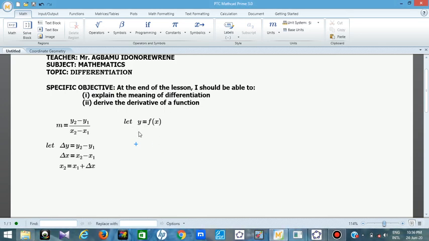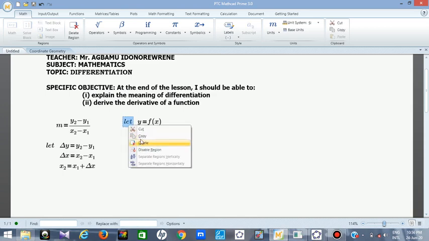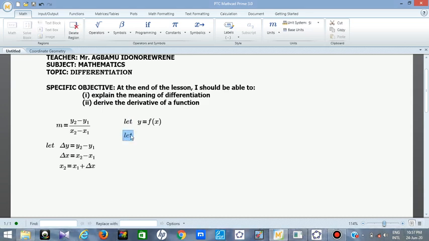Then in this assumption here, let's also take the first point. If I take y1 as our first point, y1 will also be equal to f of x1.